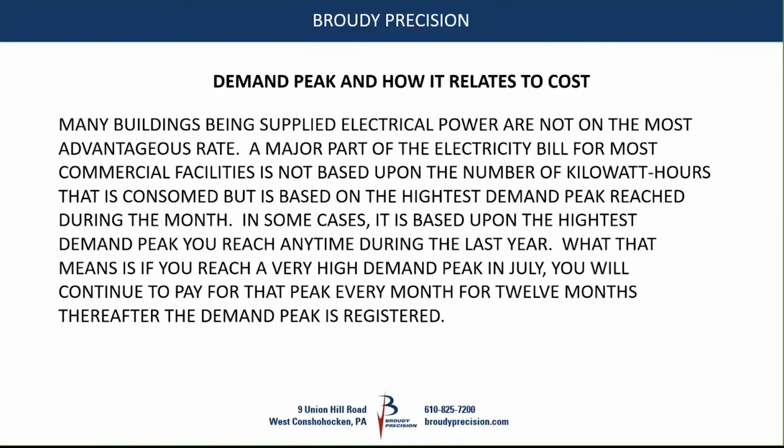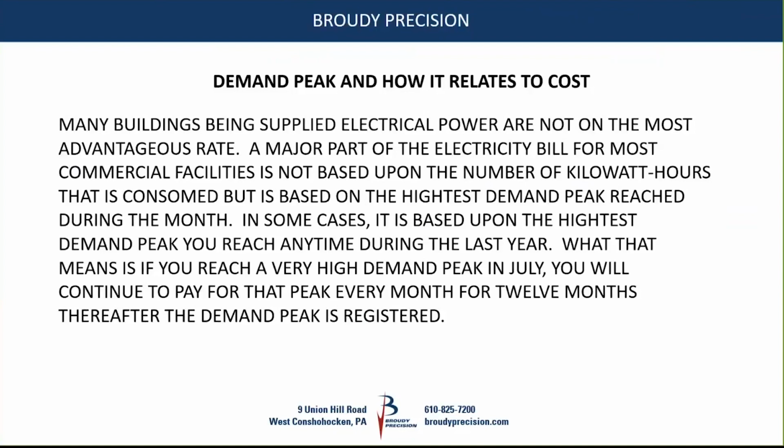So what does that mean? That means we have our kilowatt hour rate that the utility charges us, but that rate is usually based upon, and it differs because it's a complicated algorithm that utilities use, the highest amount of energy a facility uses in a single instance, and that's referred to as your peak demand.